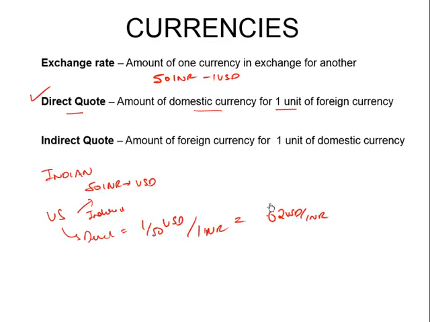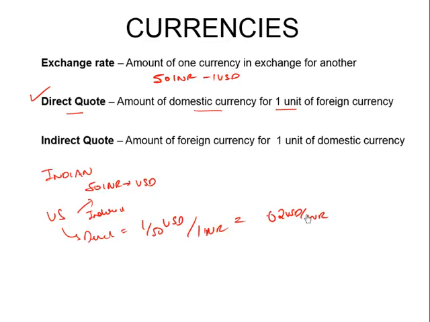Now, the reason why we're discussing this first is that even though 50 INR per USD or 0.02 USD per INR imply the same interpretation, we must make sure that all currencies are in the same quotes before we can start working on them or before we can add or subtract them.